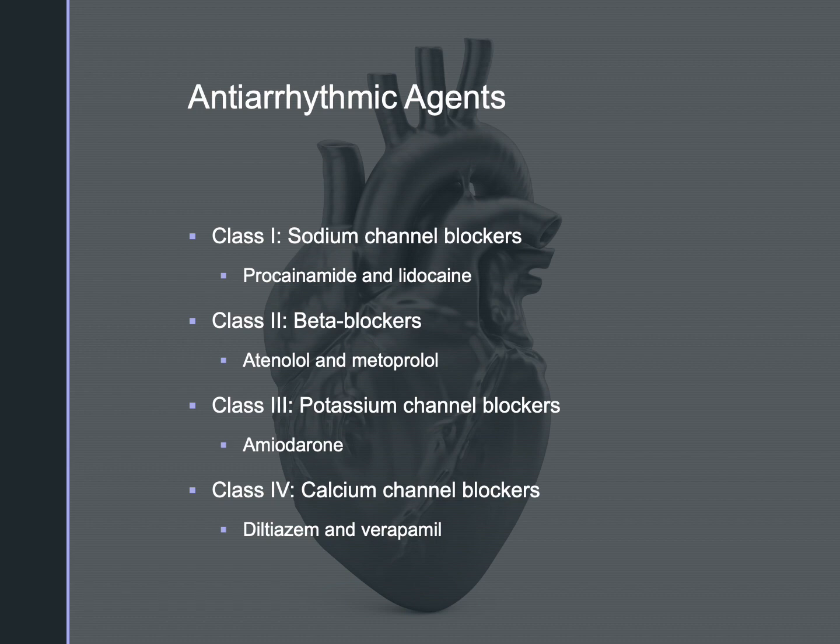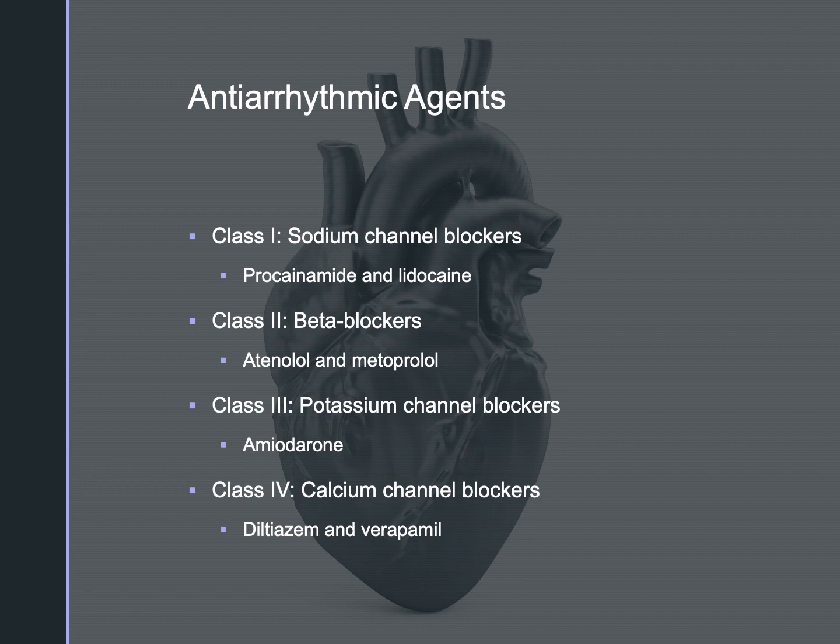And they've mostly been replaced with a class 3 drug called amiodarone. Some examples of class 1 include procainamide and lidocaine. Class 2 are our beta blockers, and they're used to treat tachyarrhythmias, as I discussed previously. Atenolol and metoprolol are examples of class 2 beta blockers. Class 3 are potassium channel blockers, and the most common one is amiodarone, like I mentioned before.